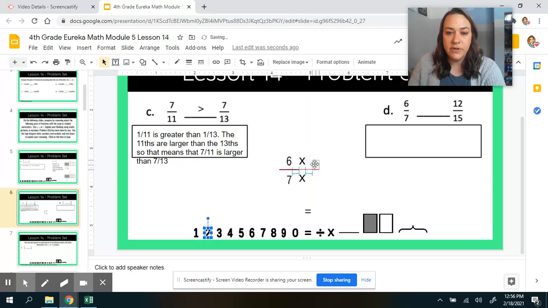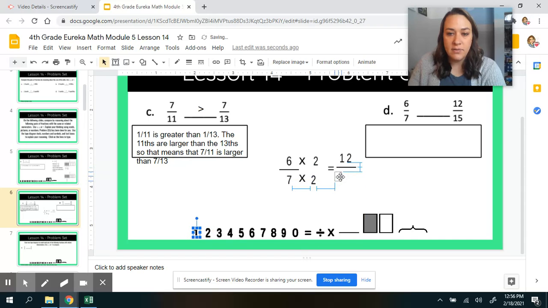So I'm going to make an equivalent fraction so then I can see the comparison a little bit better. So 6 times 2 gives me 12. 7 times 2 gives me 14.